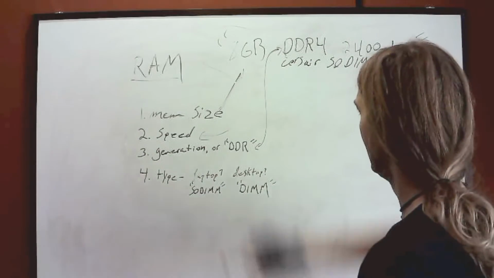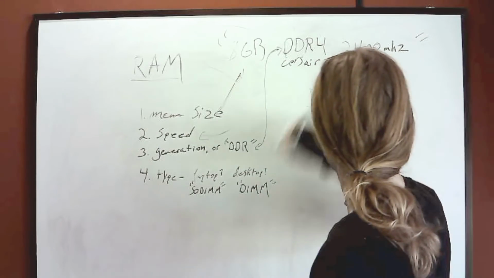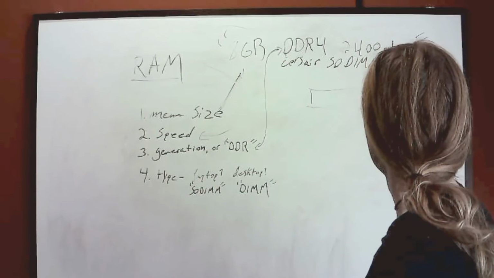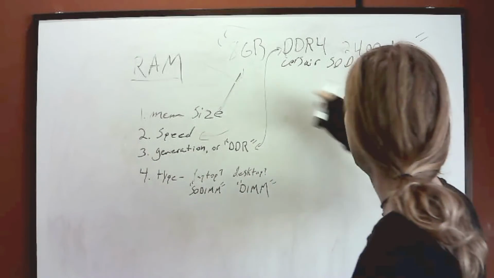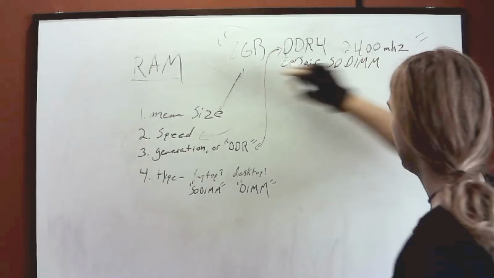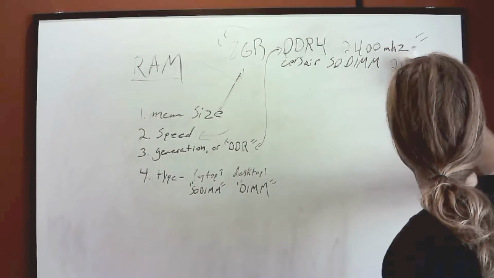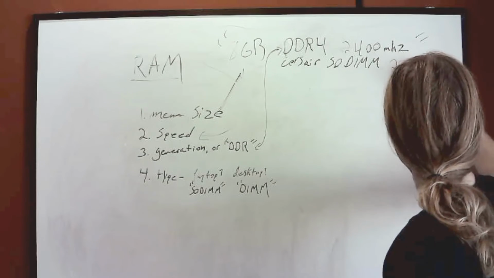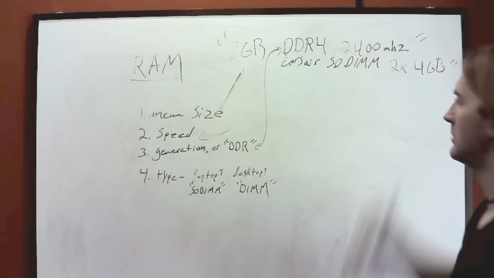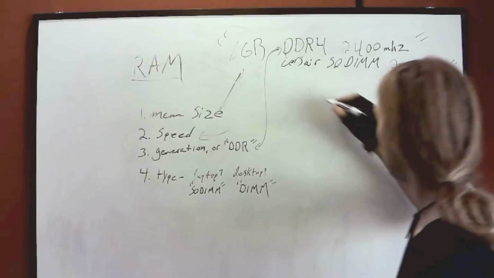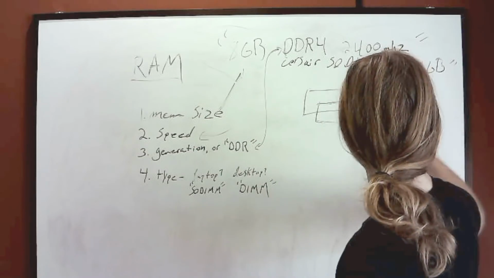So let's go over it again. This is the size of a stick of RAM. This is usually referring to one stick. You could change this listing a bit. For example, if it says 8 GB RAM, they might say 2x 4 GB. If you see something like that in the listing, what they mean is there are actually 2 sticks of 4 GB each.